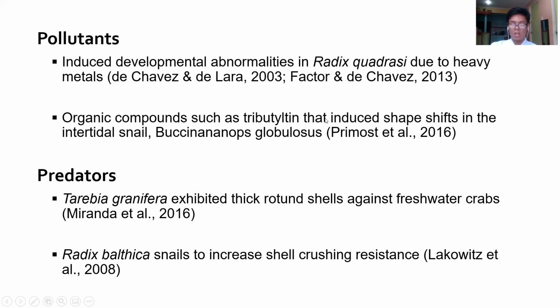These lakes also highly operated domestic activities, which is why they harbor a lot of organic pollutants. And though I didn't exactly include predators as part of my study, predators in fact also have a lot of effect in the shape shifts of snails based on these studies.